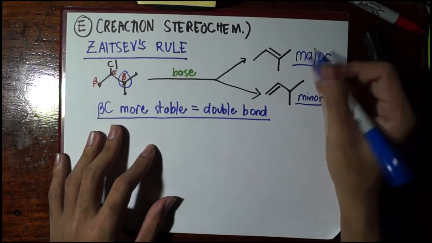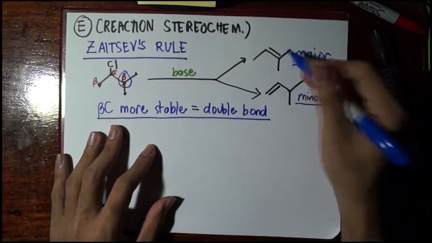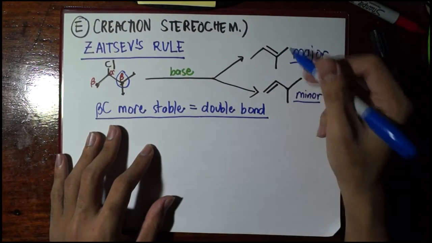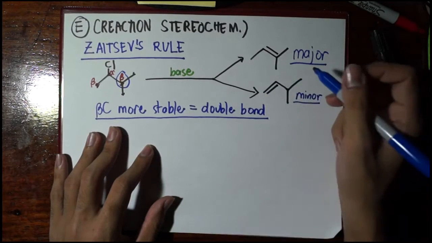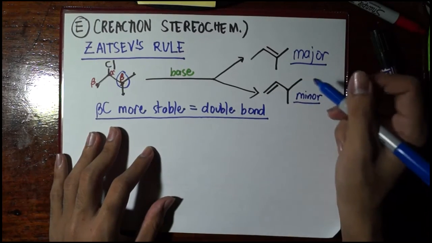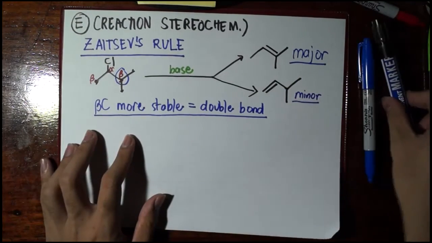Let's say around 80 to 90-something percent of the products would be this, and a very small part of the products would be this minor product. And so that's it for the reaction stereochemistry of elimination.